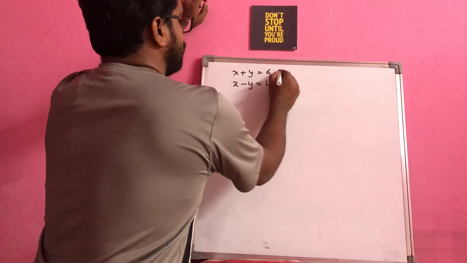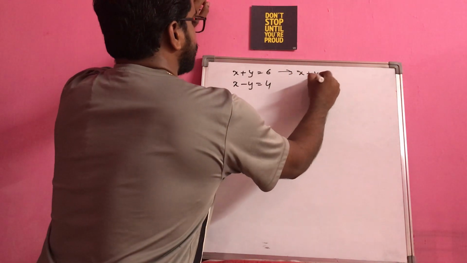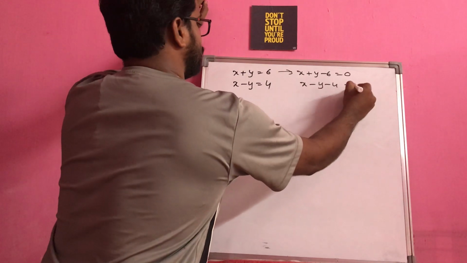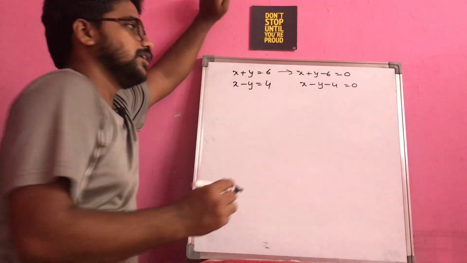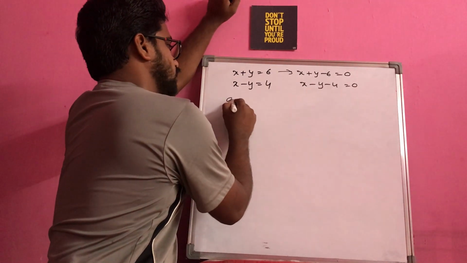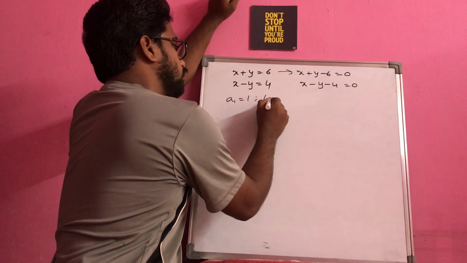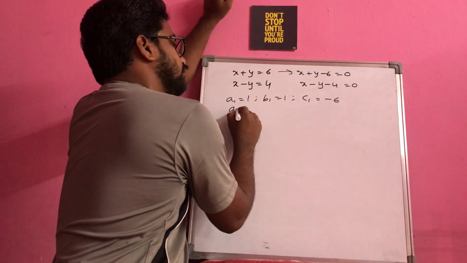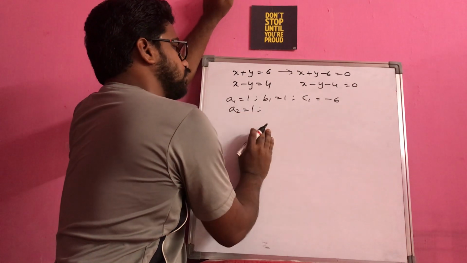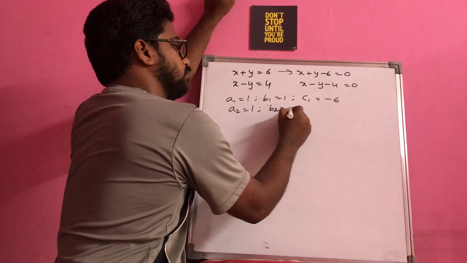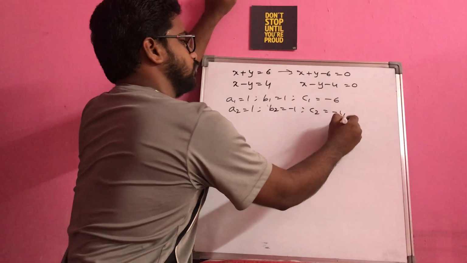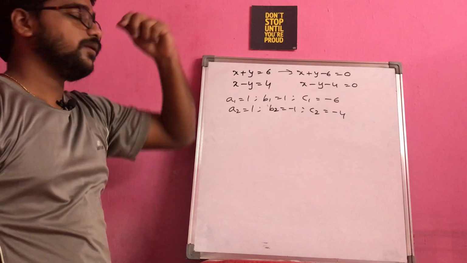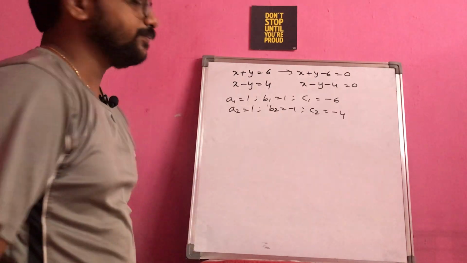If you want, you can convert into standard form: x plus y minus 6 is equal to 0, x minus y minus 4 is equal to 0. From the first equation, the x coefficient is 1, y coefficient is 1, constant is minus 6. From the second equation, a2 is 1, b2 is minus 1, c2 is minus 4. This is the basic thing that we can find out for the given pair of linear equations.